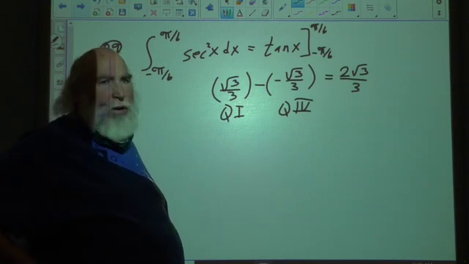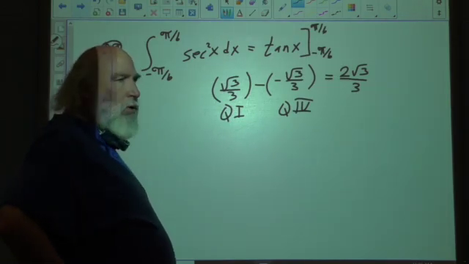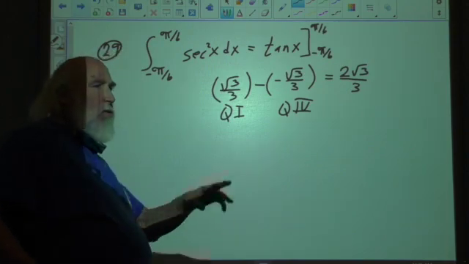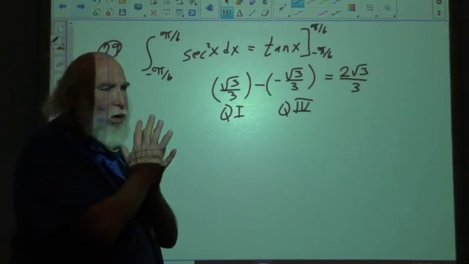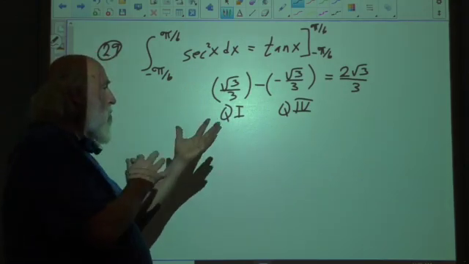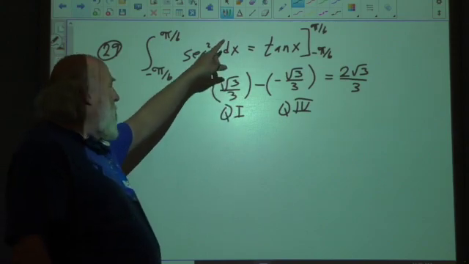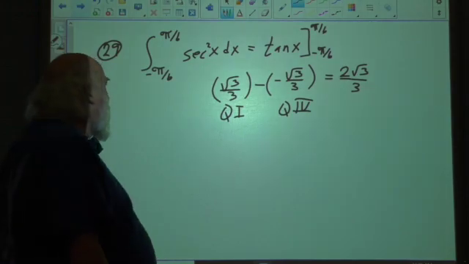And if you know your chart for first quadrant angles or your unit circle thing that you were probably taught, either one will give you an understanding that this is going to be positive because that's the first quadrant. 30 degrees is in the first quadrant.